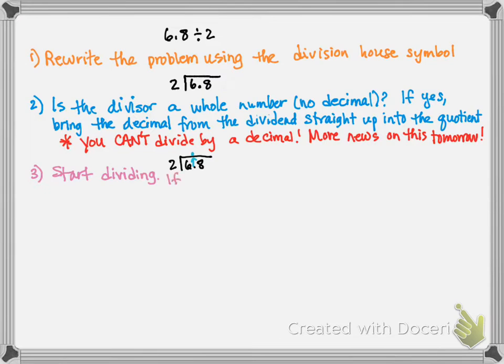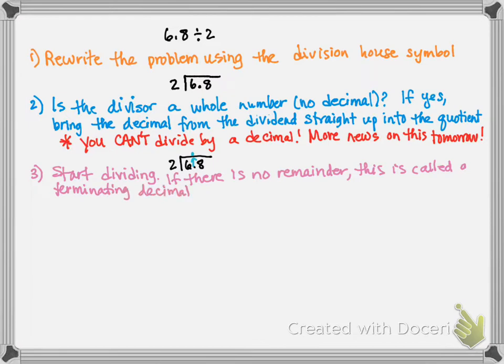So, if there is no remainder, you brought everything down and it all worked out evenly, or even if you had to continue the number on, and we'll talk about that in just a second, but you still ended up with no remainder, this is called a terminating decimal.